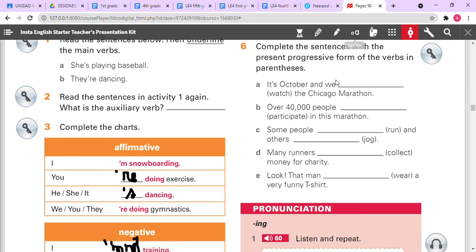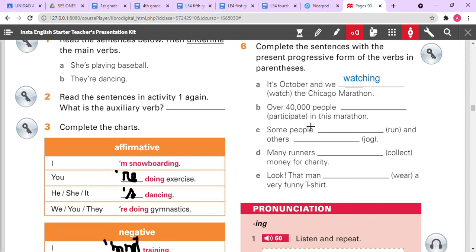I'm going to write here so that you can see the first example. Watch, watching. Perfect. Over 40,000 people participate in this marathon. Participate finishes in E. So, what's the rule? Letter E, bye-bye, and you add ing: participating.